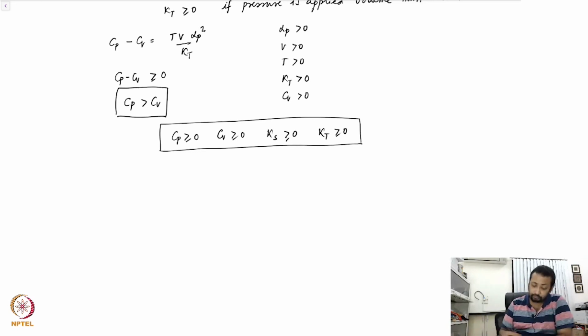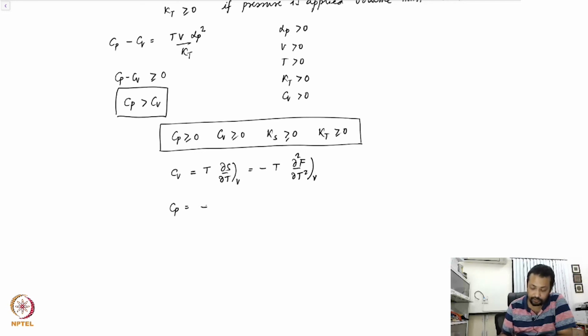Right now, what we want to write down is Cv is T del S del T at constant volume, and therefore this, if I recall, is minus T del 2F del T2 at constant volume.